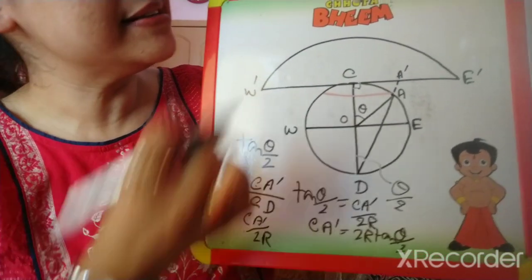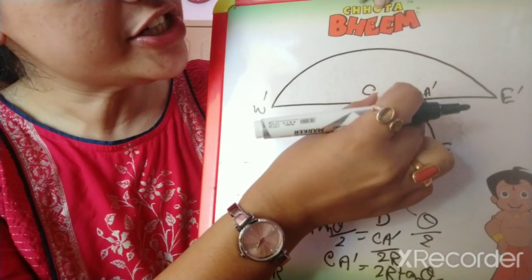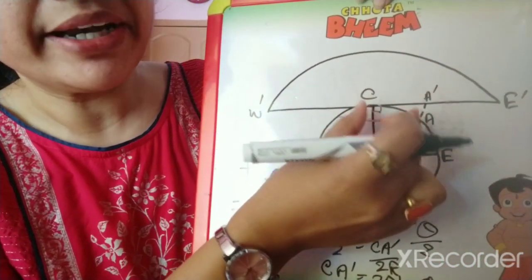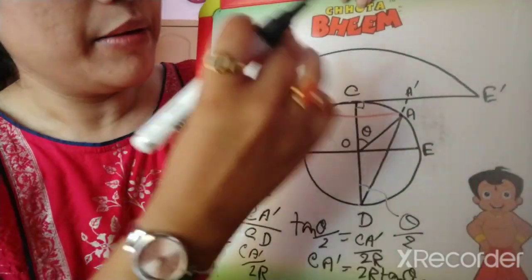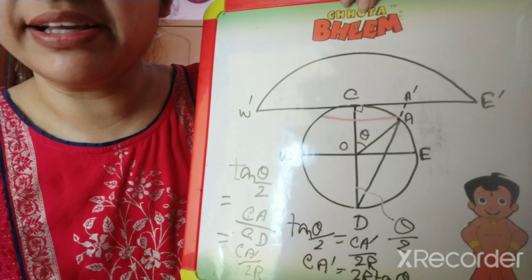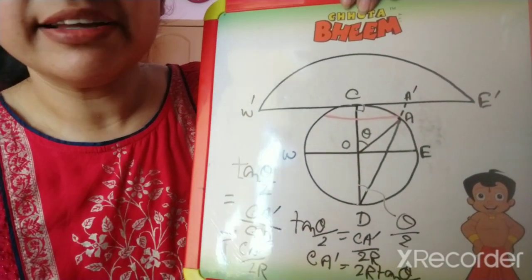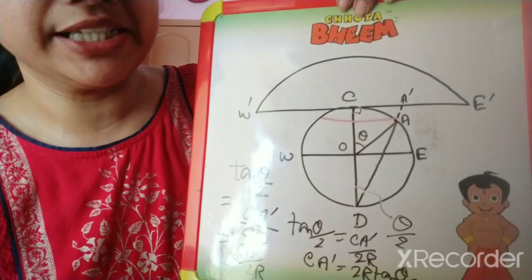CA dash means the division on the central meridian or the equator for spacing the parallels and the meridians. So now my proof is completed.